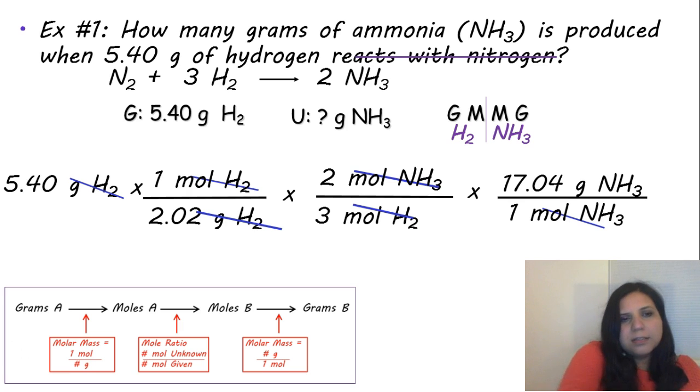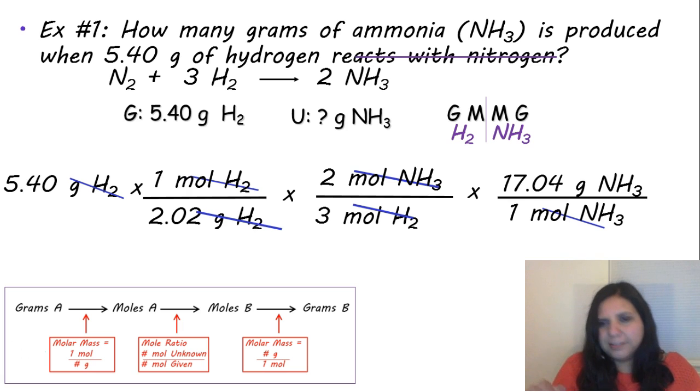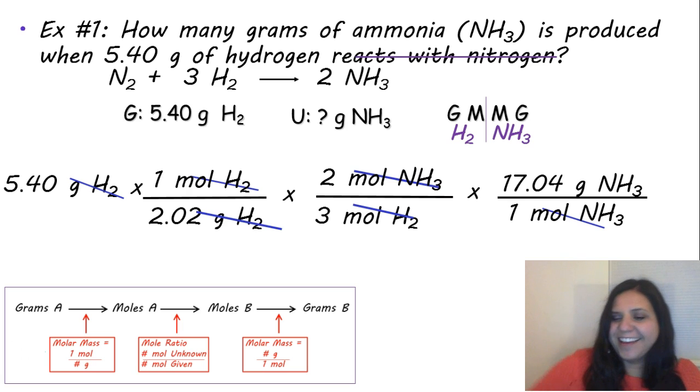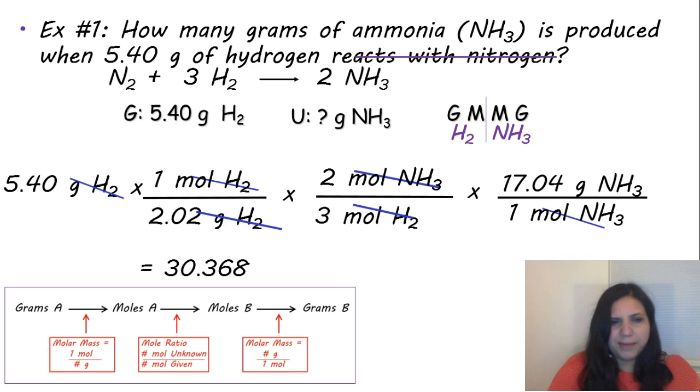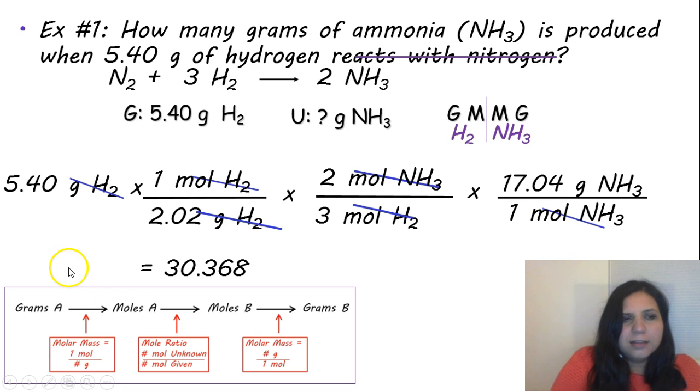Or I could go times the top and then divide by the bottom for every single one: times the top, divide, times the top, divide, times the top, divide. Anyways, when you solve this in your calculator, you should get about 30.368. Now we need to worry about significant figures. Let's count.